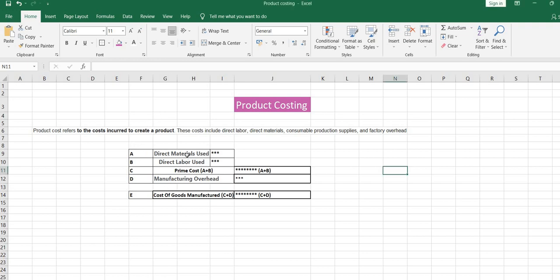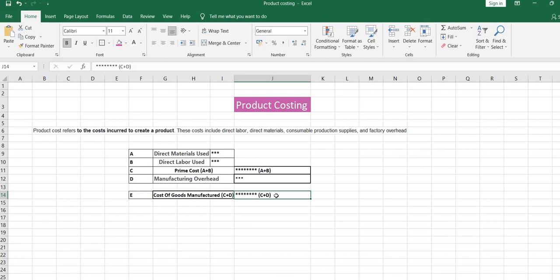First of all, we have direct material expenses and direct labor expenses. Adding these two components forms the prime cost. After the prime cost, we add the manufacturing overhead. Once the prime cost and the manufacturing overhead are summed up together, they form the cost of goods manufactured. Simple.